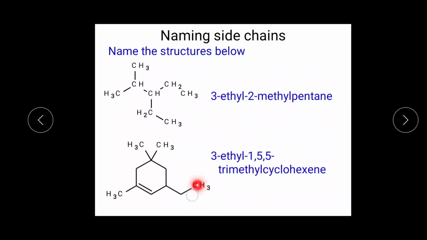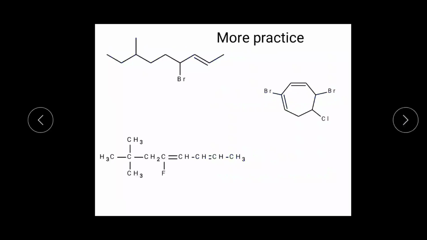Then we have also an ethyl here attached on the third carbon, and 2 methyl attached on the fifth carbon. This is a 3-ethyl 1,5,5-trimethyl cyclohexene.